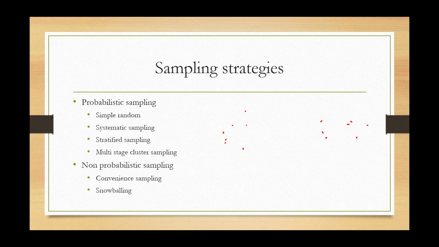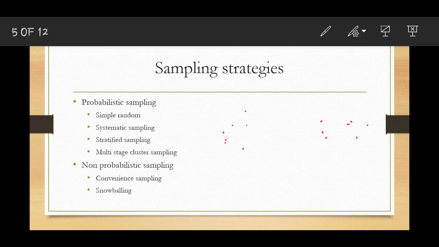Another strategy we call multi-stage cluster sampling. In multi-stage cluster sampling, the researcher chooses a sample in 2 or more stages, because either the researcher cannot easily identify the population or the population is extremely large. Let me give you an example.